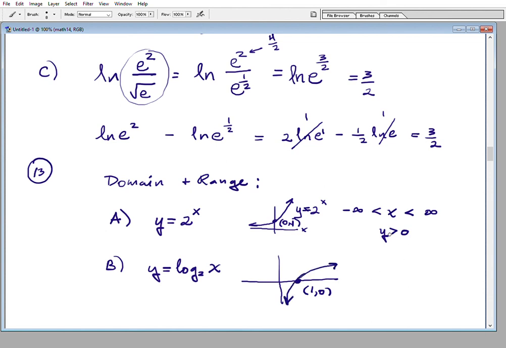So anyway, the domain and range are going to be the reverse of this. The domain, everything is to the right, only on the positive side of the x-axis. So the domain is x greater than 0. And the range, this is going all the way down, and this is creeping up slowly, all the way up. So the range is between minus infinity and infinity.